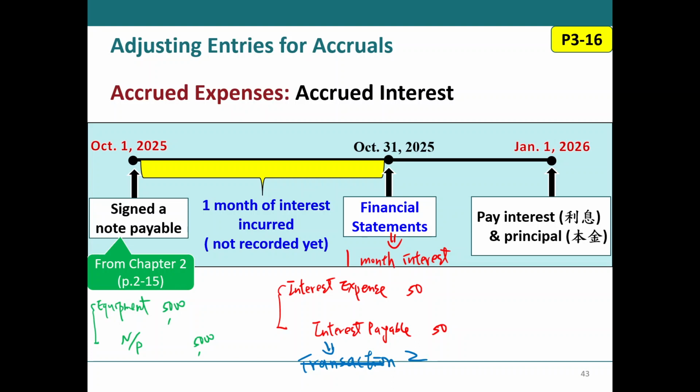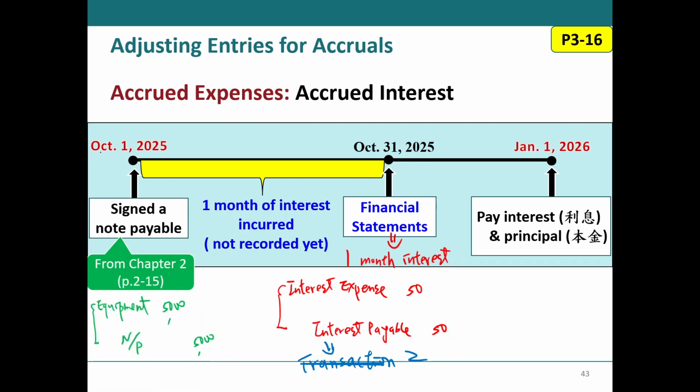But still, something will happen later on, right? What kind of things happen? You should pay the money back. When should you pay the money back? After 3 months, right? The note told you. You promised to pay the money back after 3 months. So after 3 months, which date? January 1st, okay?